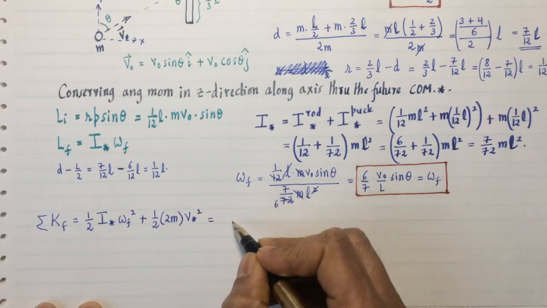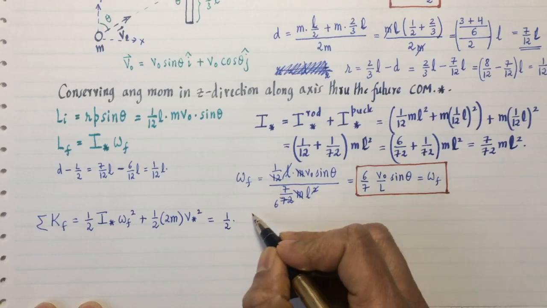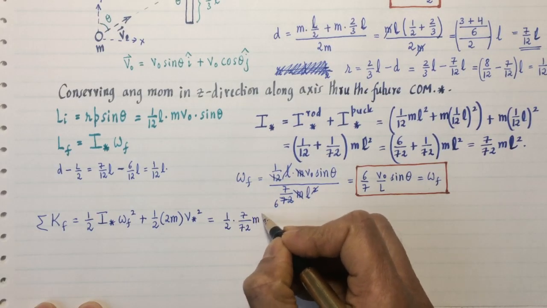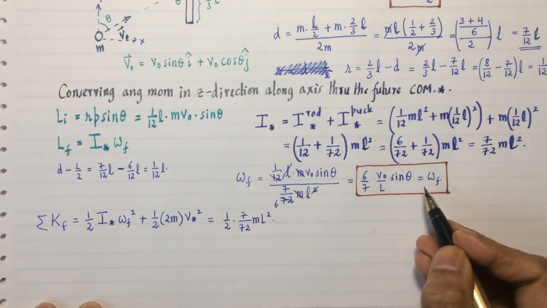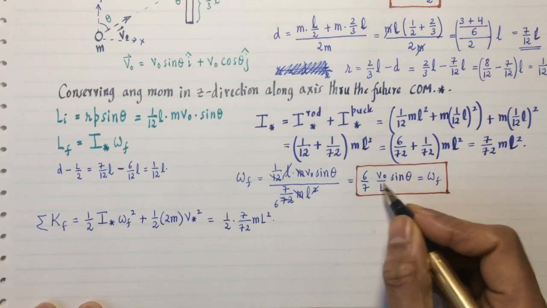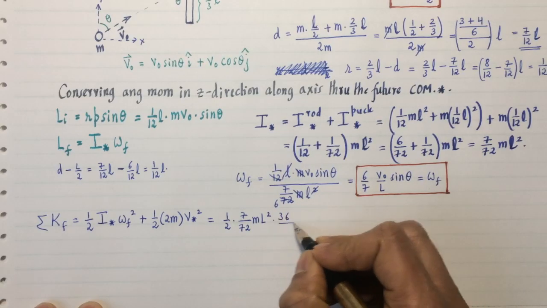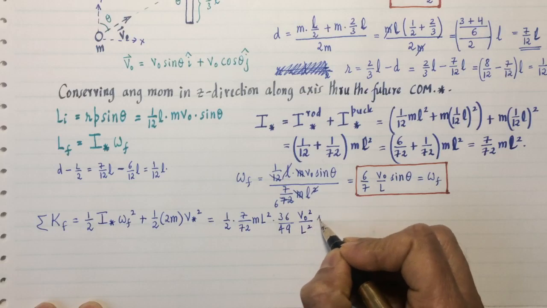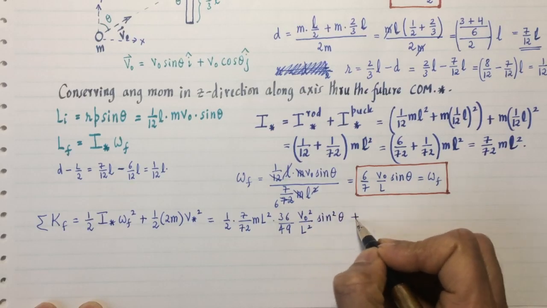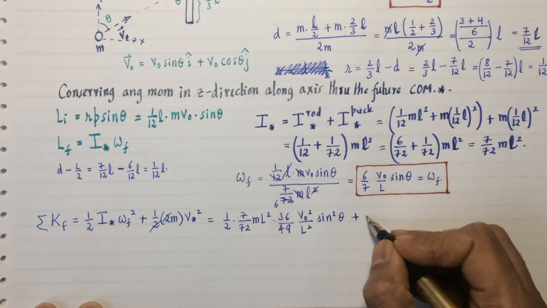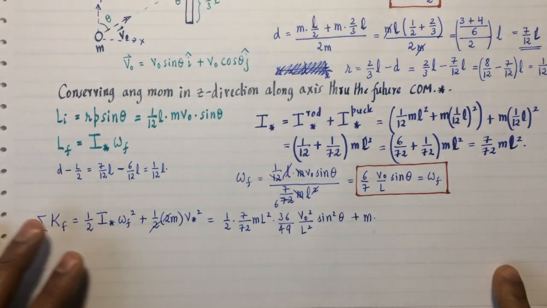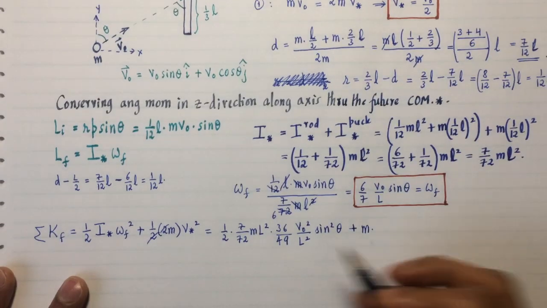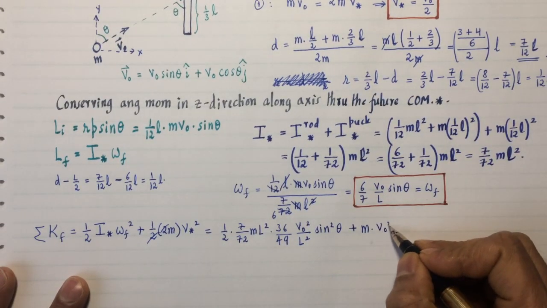So it's 1/2 times the moment of inertia, 7/72 m l squared, times the final angular speed squared, so it's 36/49 v naught squared over l squared sine squared theta, plus m times v star, which is v naught over 2, and you're squaring it, so it's v naught squared over 4.